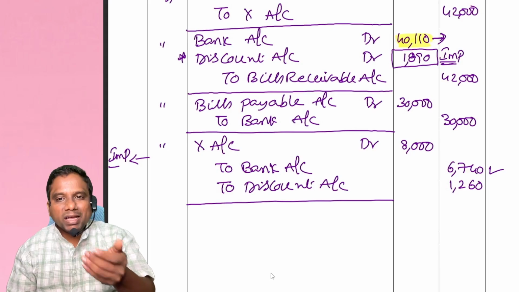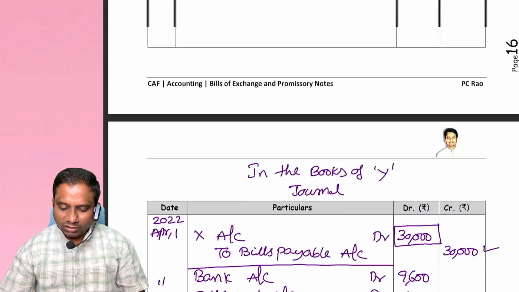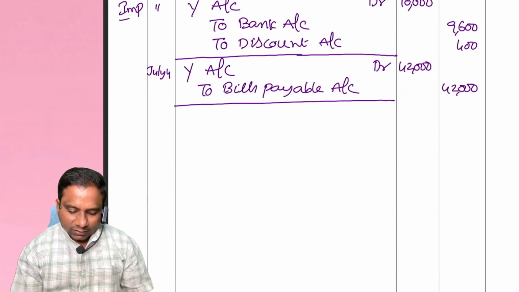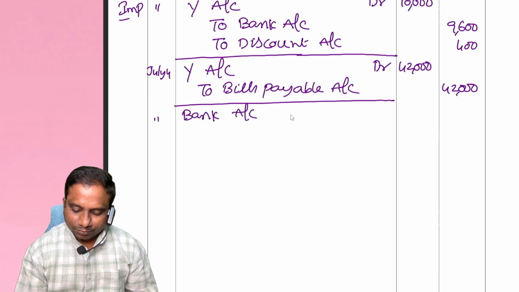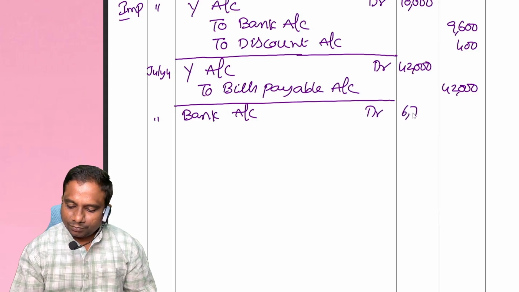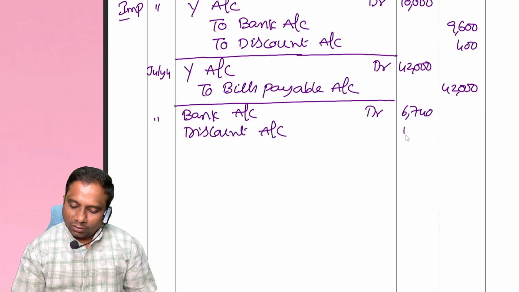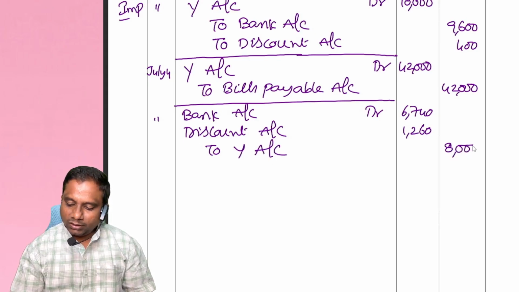Now Y is paying 6,740 to X. Now X is receiving 6,740. Go to the books of X and write down bank account debit 6,740, and we have to bear a discount. Discount account debit 1,260 to Y account 8,000.